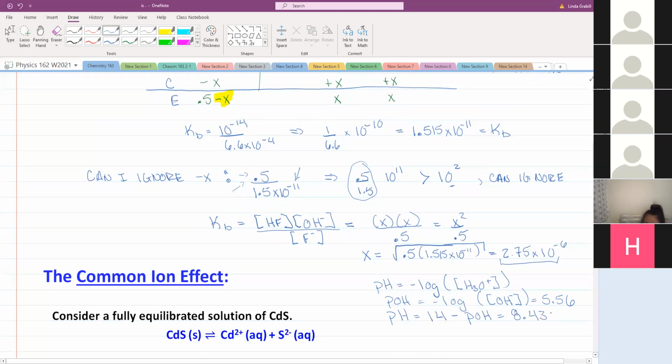8.4397. Okay, so let's talk sig figs real quick, and we'll come to the common ion effect and the Henderson-Hasselbalch buffers on Monday. What I would want to know is 8.44. Good, why? How did you decide that?